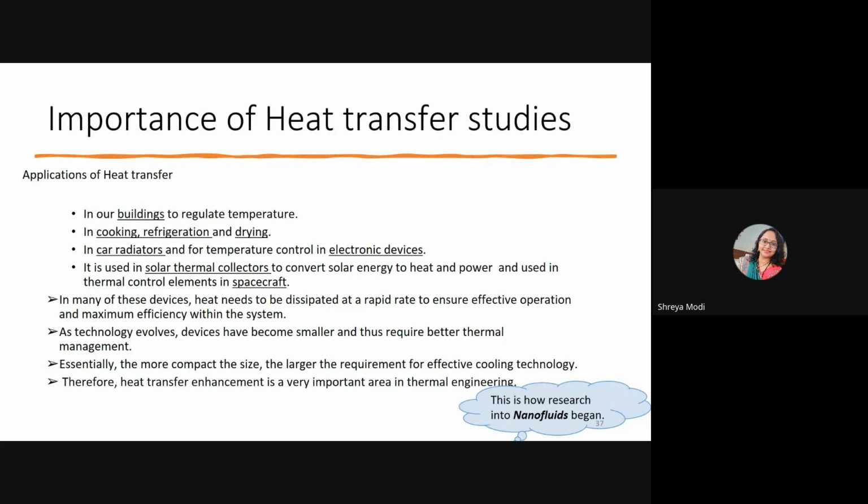If you see, the sides or boundaries of your phone are always in a heated state, because heat is being transferred through this mode from the system to the atmosphere, right? So essentially, the more compact the size, the larger the requirement for effective cooling technology. Therefore, heat transfer enhancement is a very important area in thermal engineering, and this is how research into nanofluids began. Next slide.